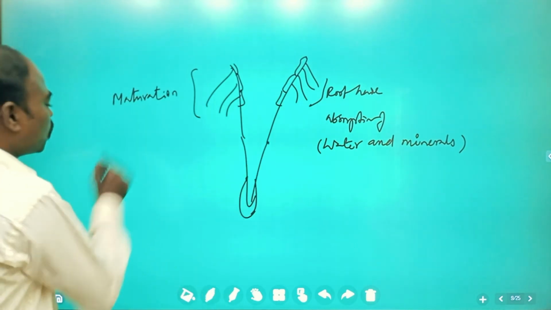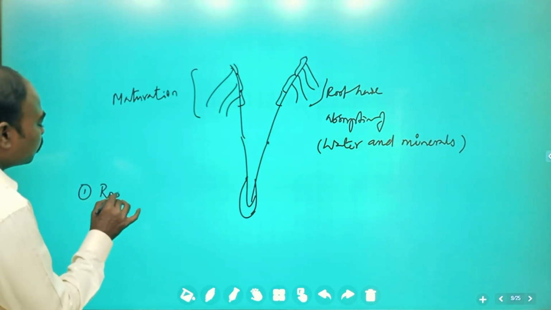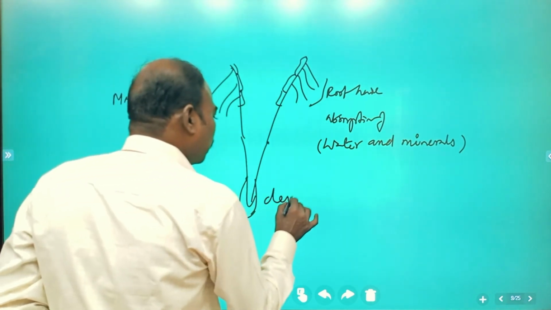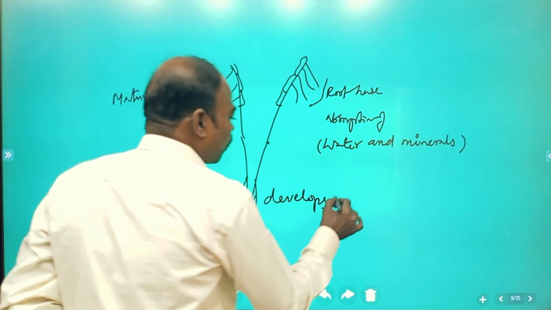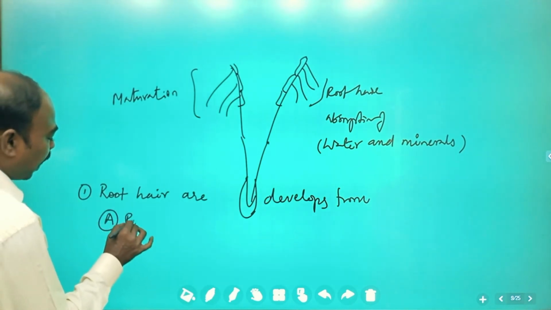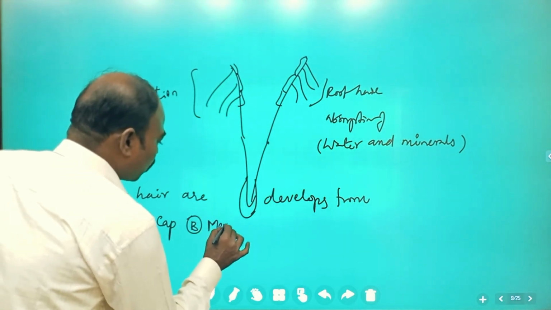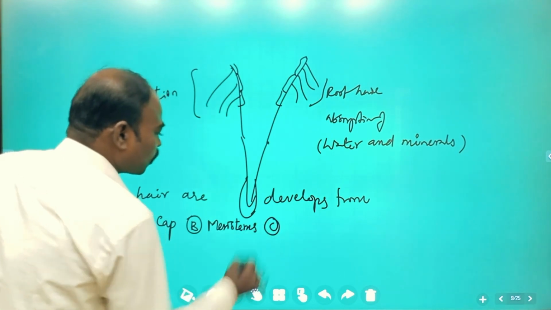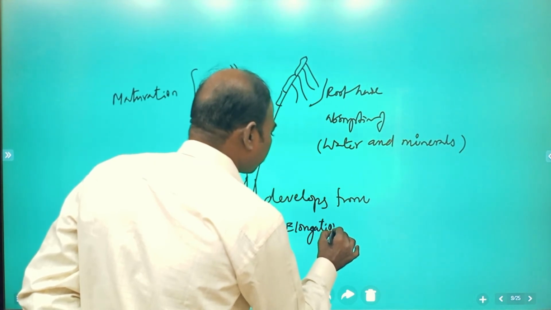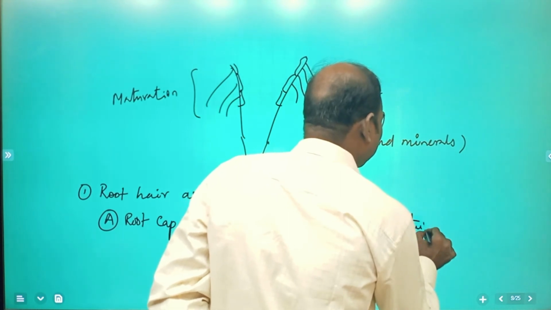Right? So this question was also asked in one NEET exam. Root hairs are developed from: A, root cap; B, meristems; C, elongation zone; D, maturation zone.